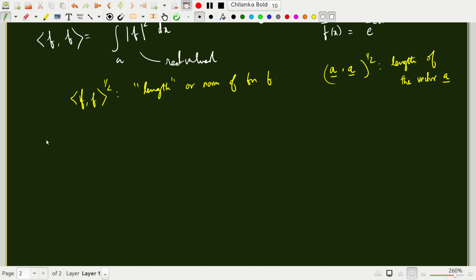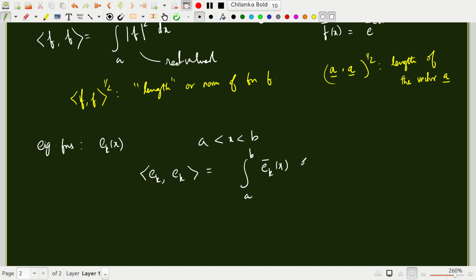Now if I have a set of eigenfunctions e_k(x) in an interval a to b, then the inner product of e_k is defined as the integral from a to b of e_k bar of x, where the first entry comes with a complex conjugate. In general, one has what is called a weighting function in the definition of inner products.